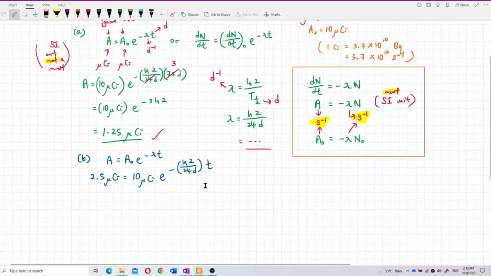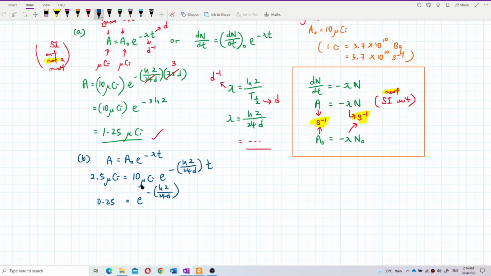So continue. This one divide, 2.5 divided by 10, I get 0.25, and this one exponent negative ln 2 over 24 days, time taken.